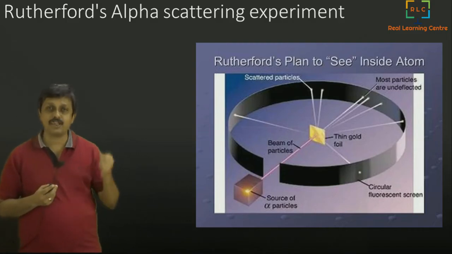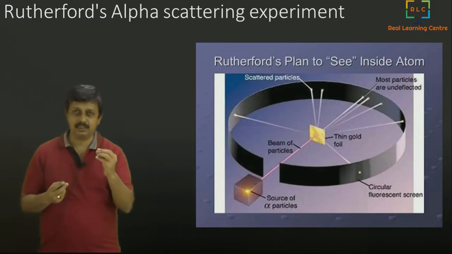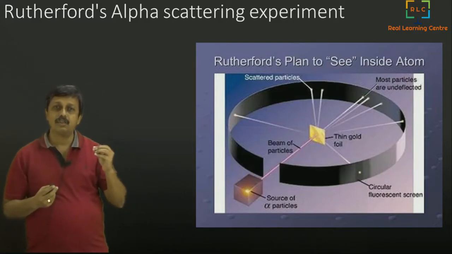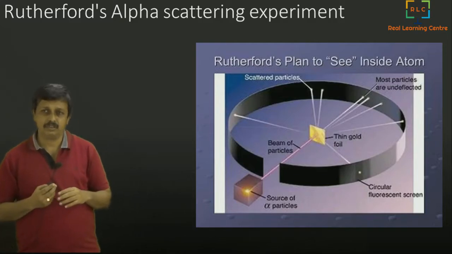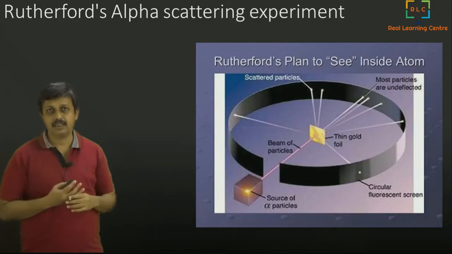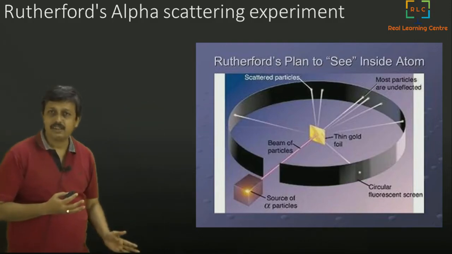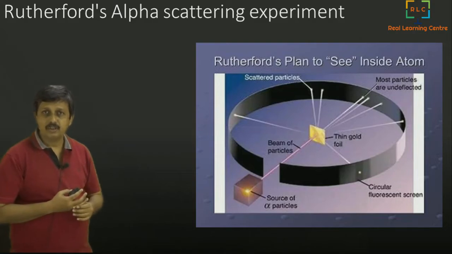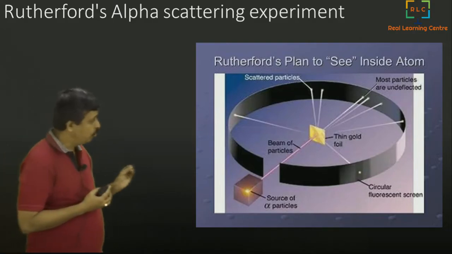So he chose certain particles to go through a very thin layer of material. He chose gold, a very thin golden foil, and he made some particles called alpha particles go through it.